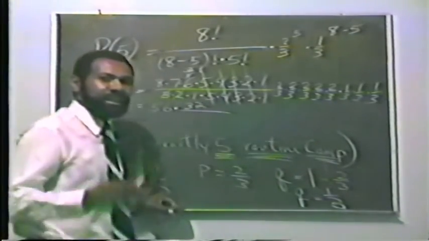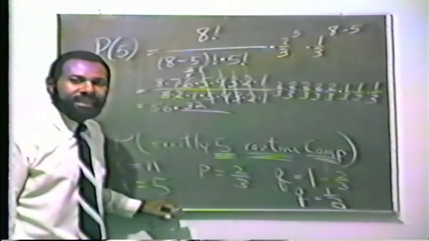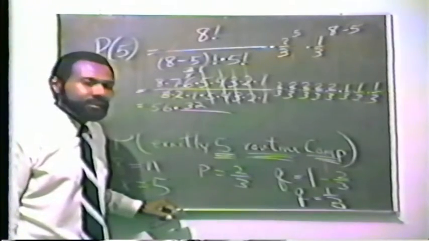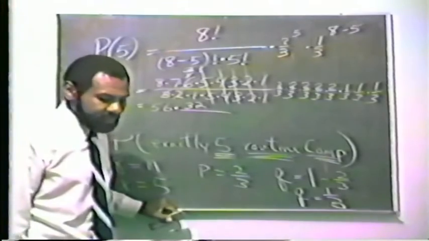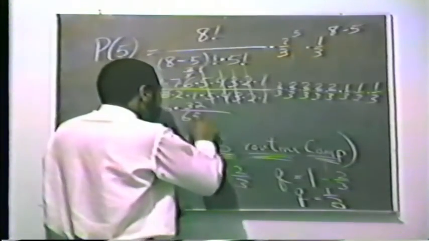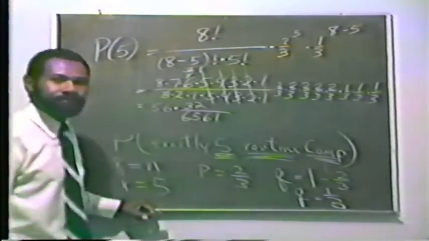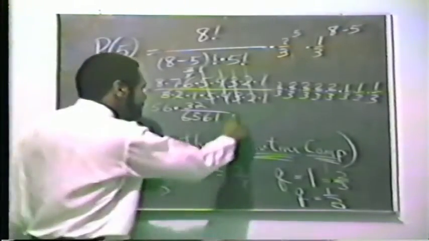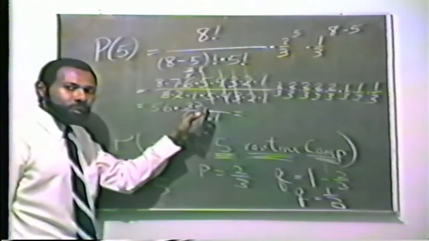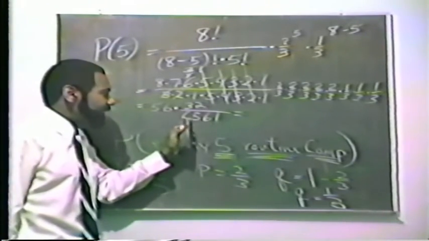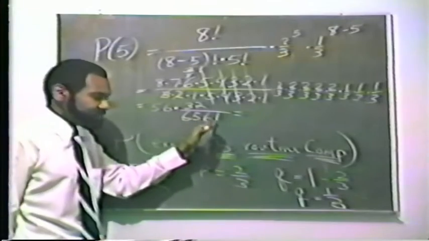We could say 3 to the 8th power on the calculator. 3 to the 8th power. And that would give us 6,561. And then we proceed to multiply the 56 times the 32, and then divide that by 6,561.